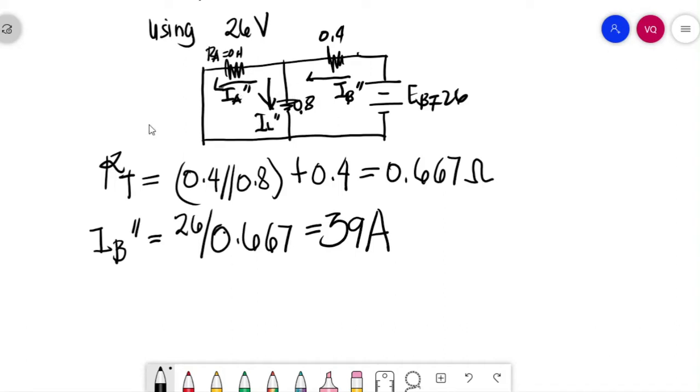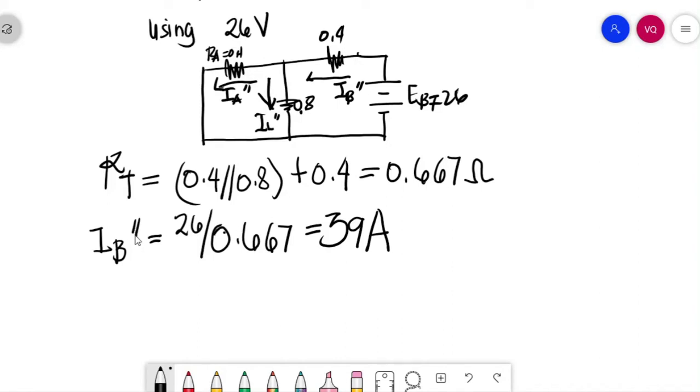So we will solve first the total resistance so that we can solve later the total current, which is the IB double prime. So total resistance is equal to the parallel combination of RA and RL, which is 0.4 and 0.8, plus in series with RB, which is 0.4. So that is equal to 0.667 ohms.